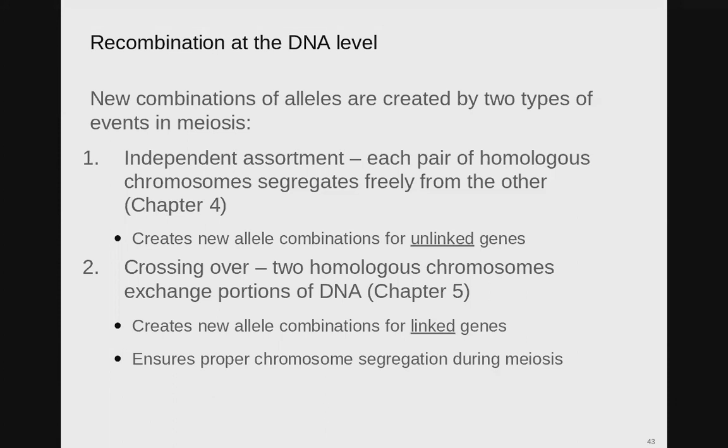Independent assortment, which we covered in a previous lecture, is also in chapter 4 of your book. Each pair of homologous chromosomes segregates freely from the other. So chromosome 1 isn't reliant on chromosome 2 or vice versa to segregate. They just do their own thing.